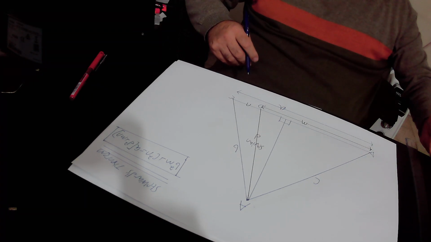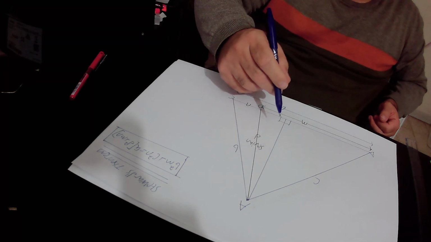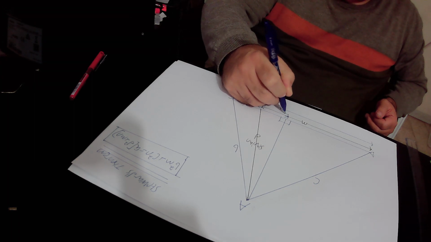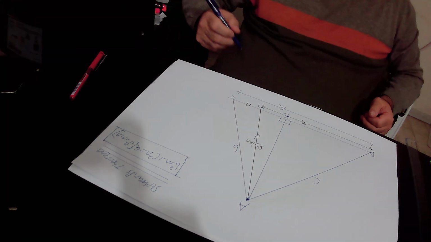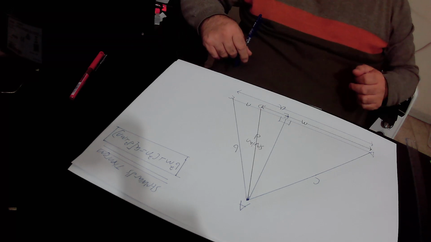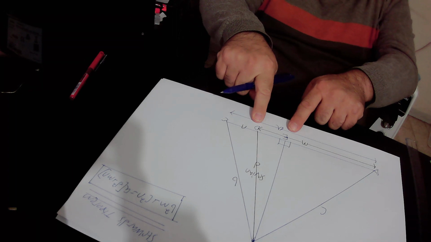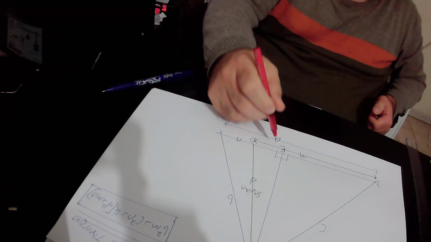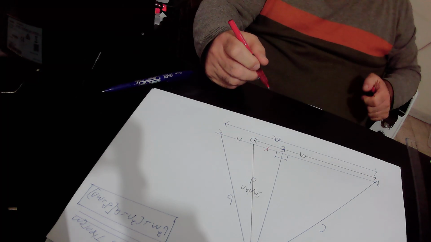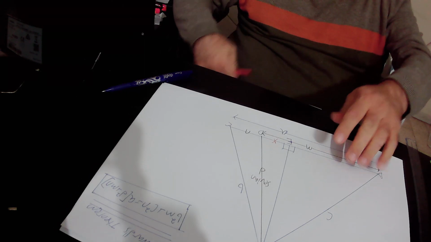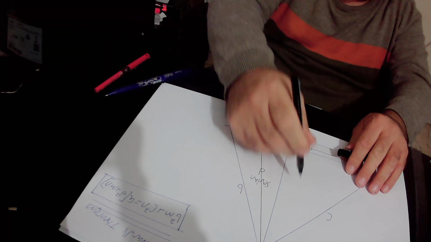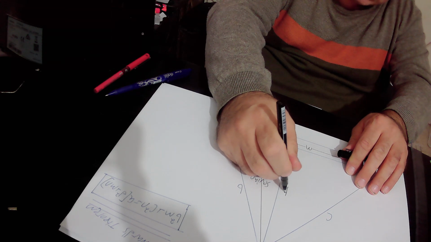We will define the foot of the perpendicular from point A on BC as E. And we will define the length of line segment ED as X. We will define the length of line segment AE as H. That is to say, line segment AE equals H according to our definition.